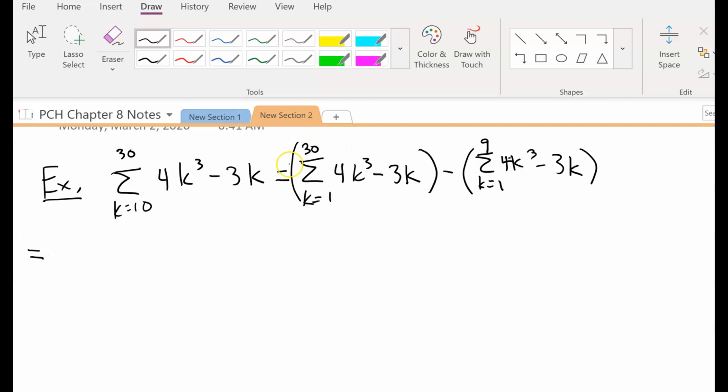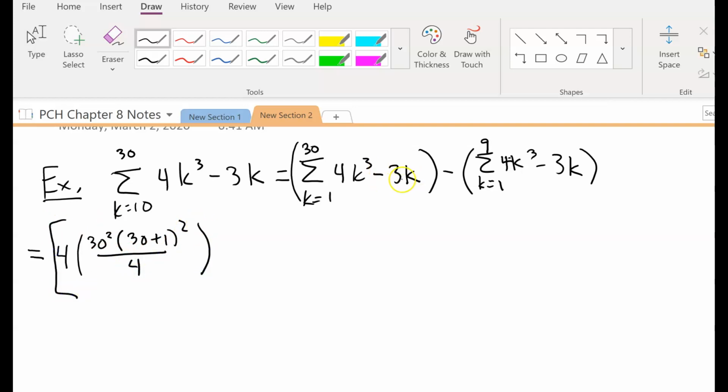So for this first term here, I'm going to factor the 4 out, which is an acceptable operation for summations. If we look at our closed form for k cubed, it's k squared times k plus 1 squared over 4. So that's 4 times 30 squared times 30 plus 1 squared all over 4.